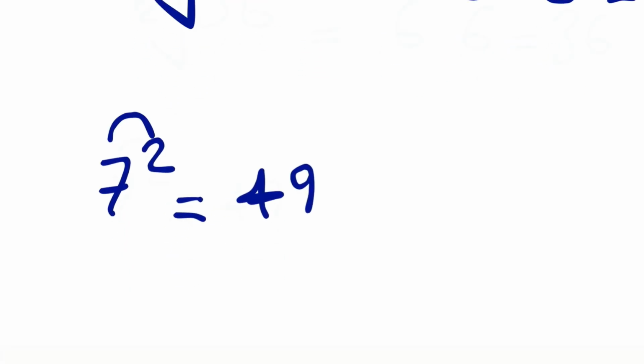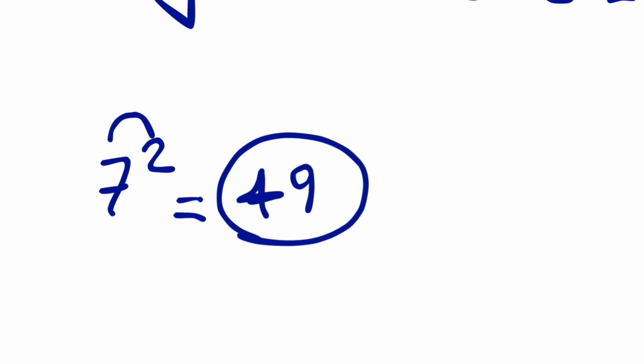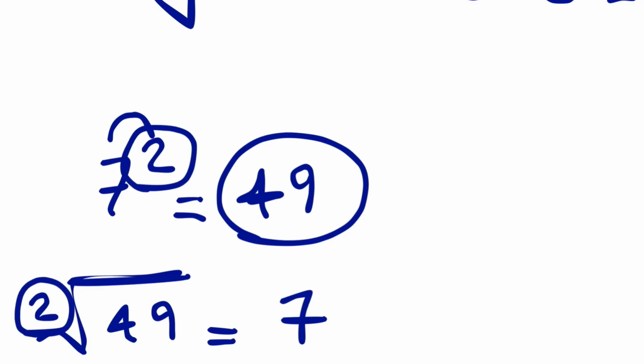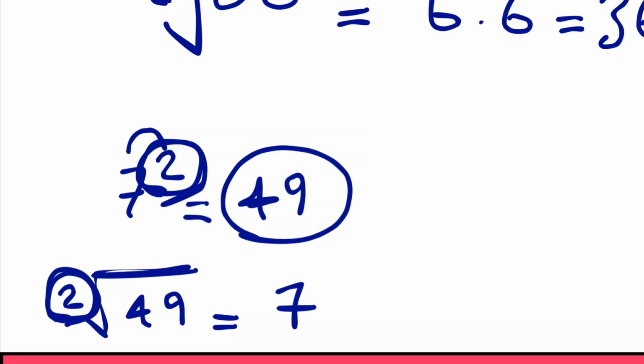If I turn this around and start with 49, it would be the square root of 49, which is equal to 7. Please remember that the power always becomes the index, or the degree.